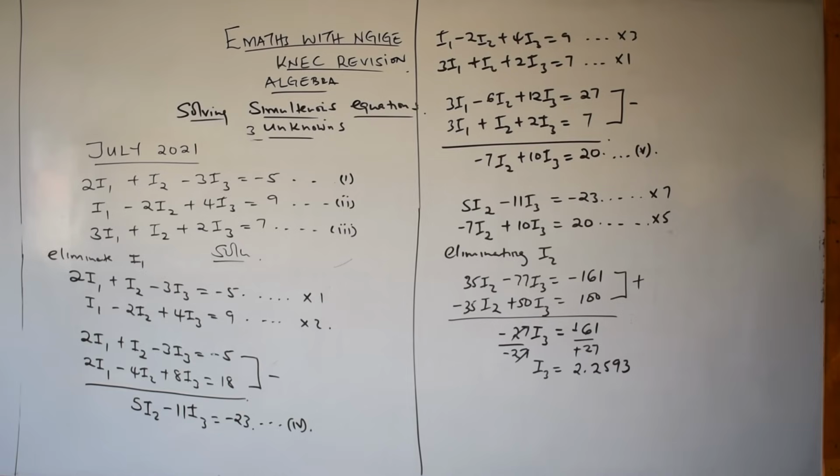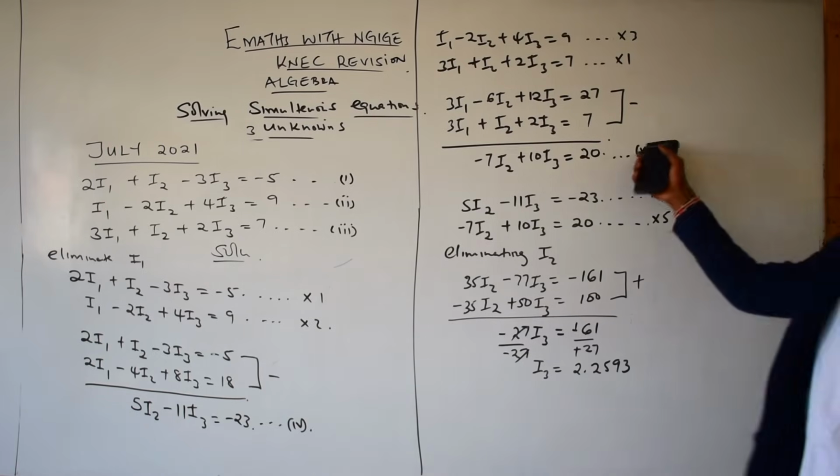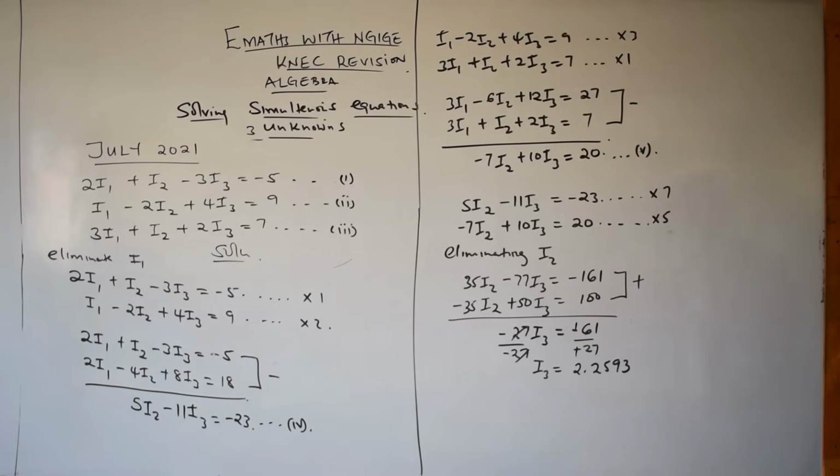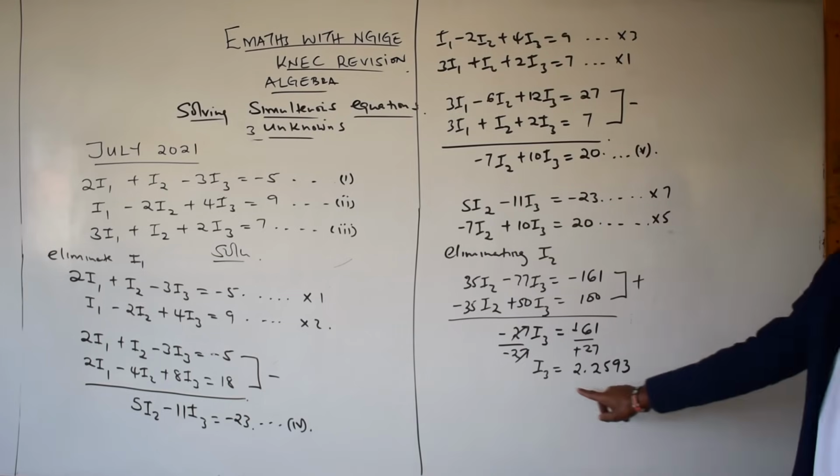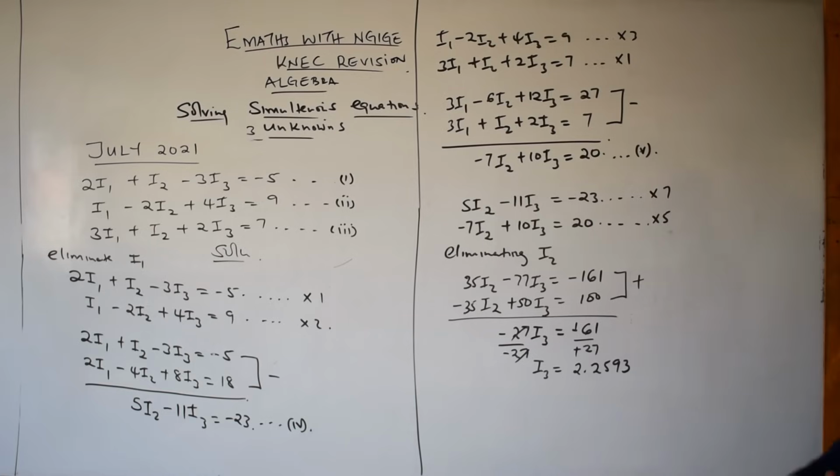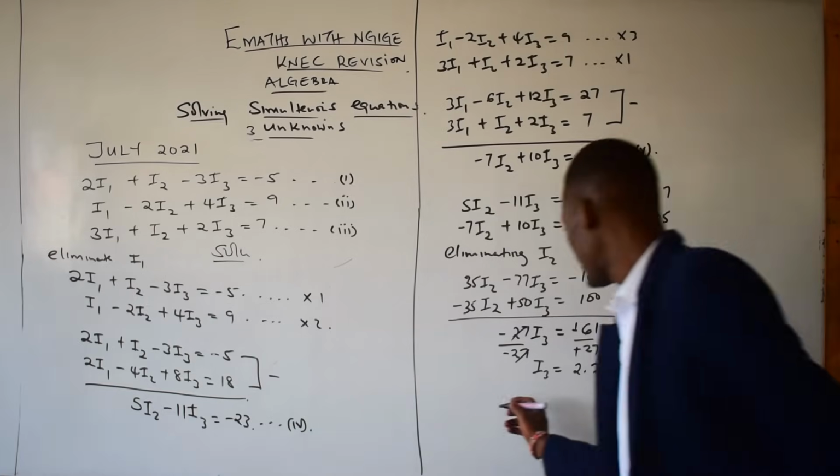From this point, you can go back upwards to solve for the values of I2 and I1. Now we have equation 5 and equation 4, so you can choose whichever equation to replace the value of I3. You can use equation number 5. Where we have I3, put 2.2593.